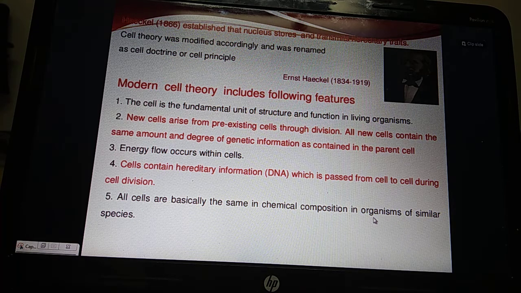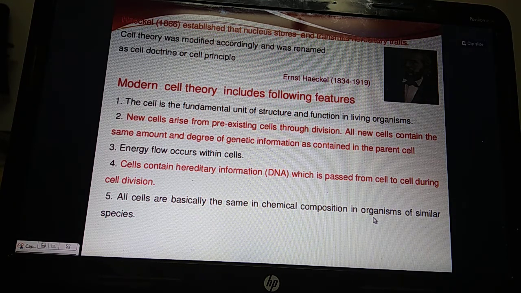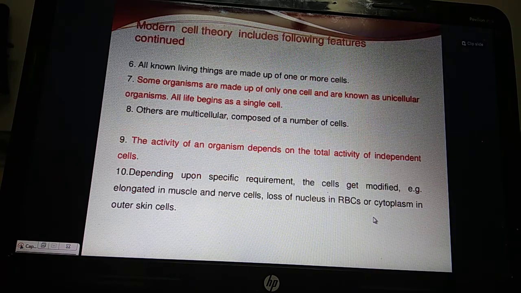New cells contain the same amount and degree of genetic information as contained in the parent cells. Cells also contain hereditary information which is passed from one cell to the next cell. All cells are basically the same in chemical composition in organisms of similar species.